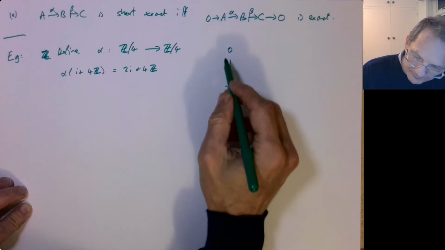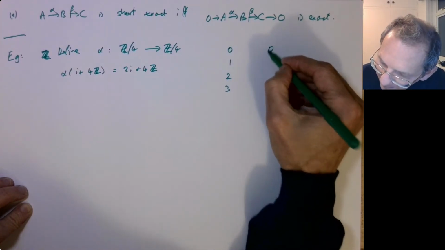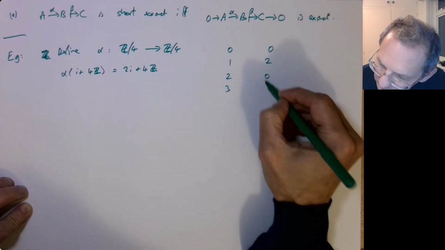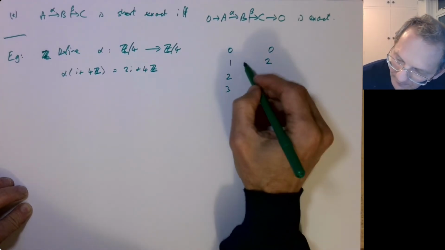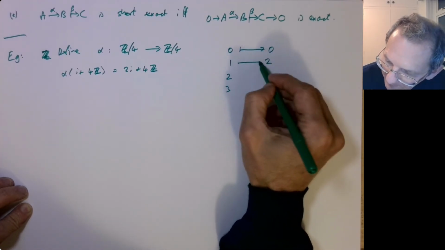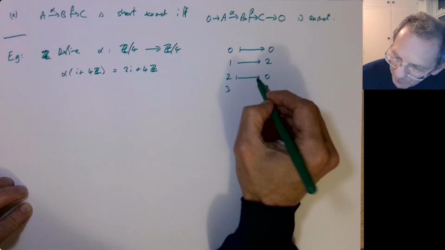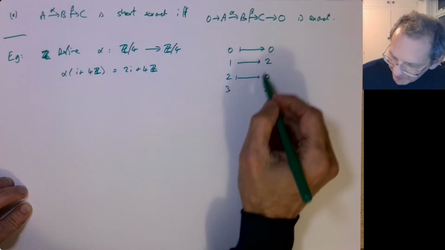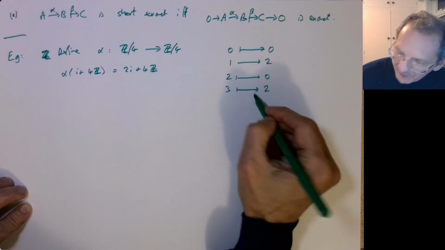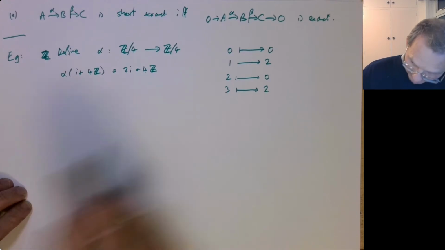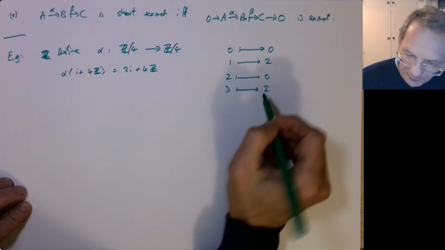Z mod 4 is basically 0, 1, 2, 3, and we're doing this doubling map, so 1 goes to 2, 2 goes to 4, but 4 is 0 mod 4, and then 3 goes to 6, but 6 is just 2 mod 4.